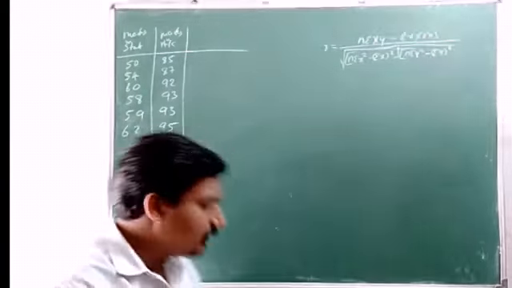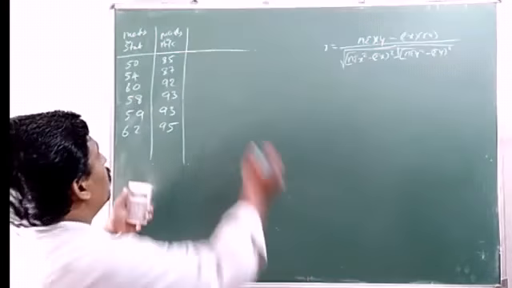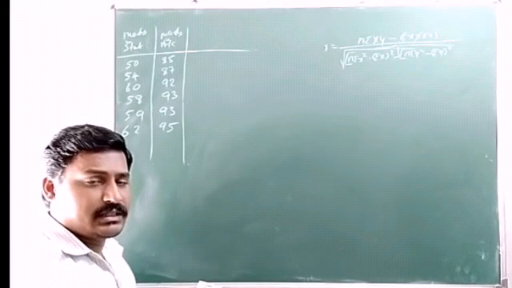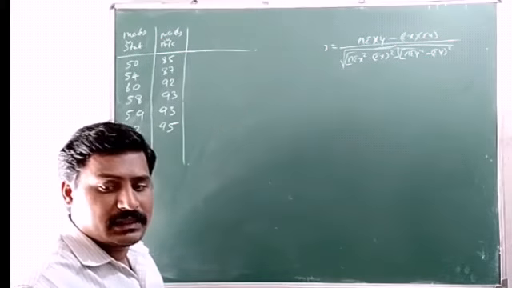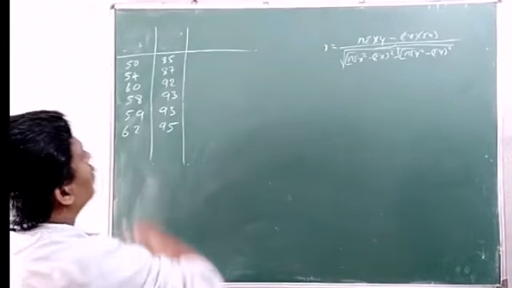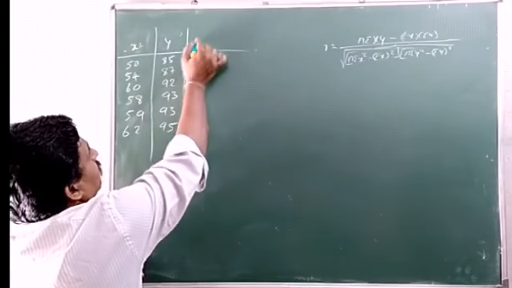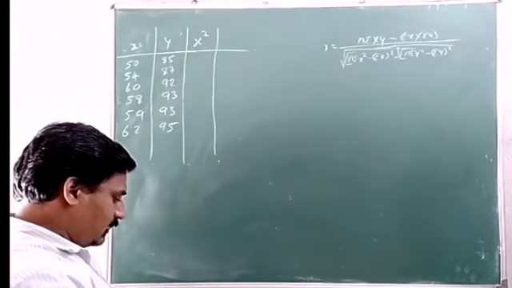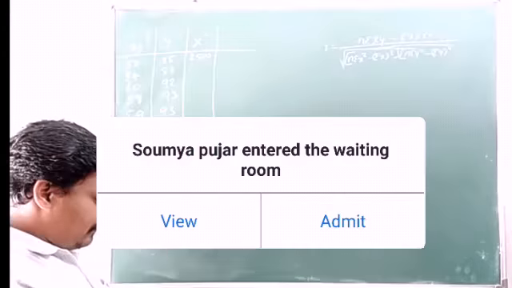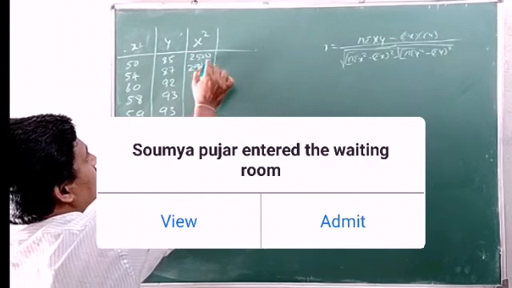Okay, so here marks of statistics we consider as x and marks in accounts we consider as y. Now the next column x square. 50 square is 2500, then 54 square is 2916.